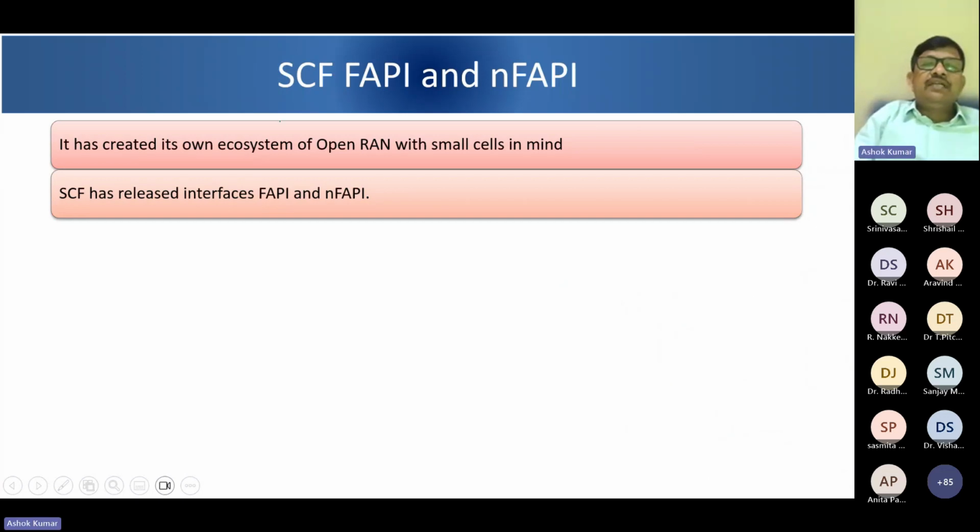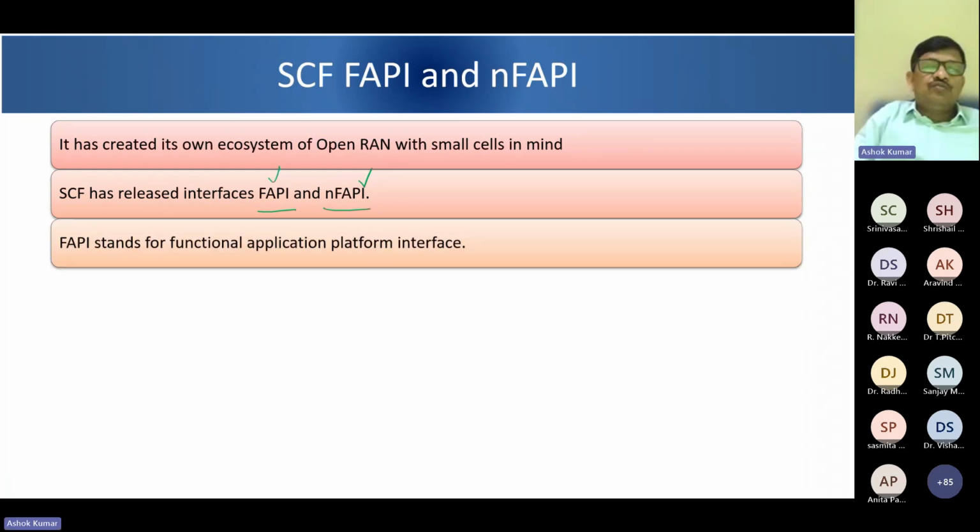So basically, they have created the FAPI interface, and nFAPI is network FAPI. In case you are splitting physical and MAC layer into two products, you use nFAPI. In case you are not splitting, but you can have these layers, L1 and L2, physical and MAC layer, from different vendors, you can use the FAPI interface to connect these two. The full form of FAPI is Functional Application Platform Interface.